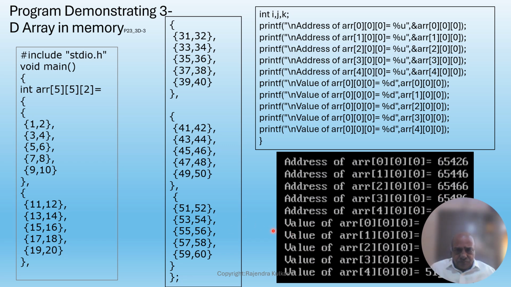And these 5 printf statements tell us the values: value of ARR[0][0][0] is 1, value of ARR[1][0][0] is 11, value of ARR[2][0][0] is 31, ARR[3][0][0] is 41, and ARR[4][0][0] is 51.